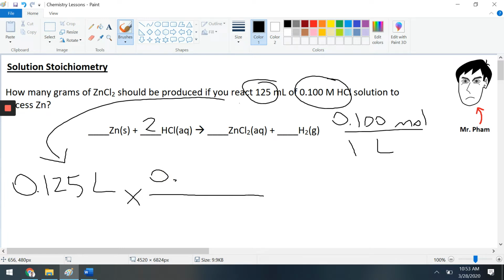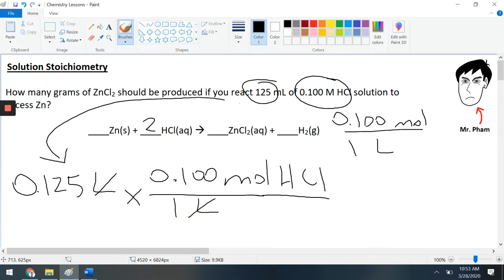So here we go, I'm going to do 0.100 moles on top and 1 liter at the bottom of HCl. Notice when you multiply your volume by your concentration, you get the number of moles of HCl.